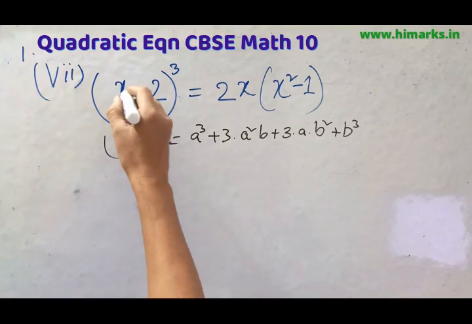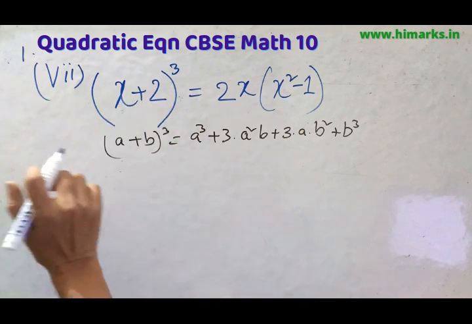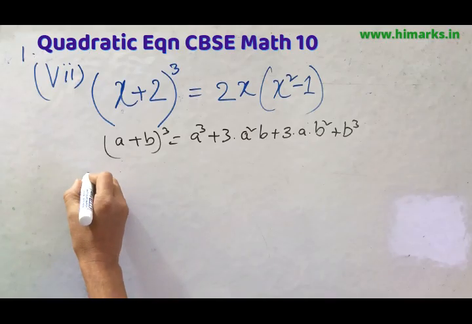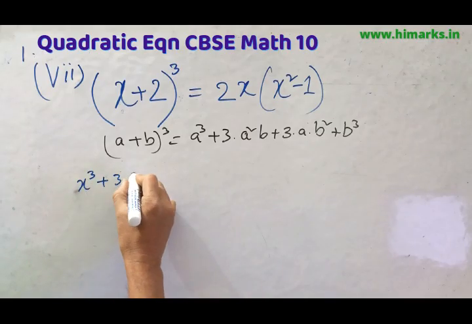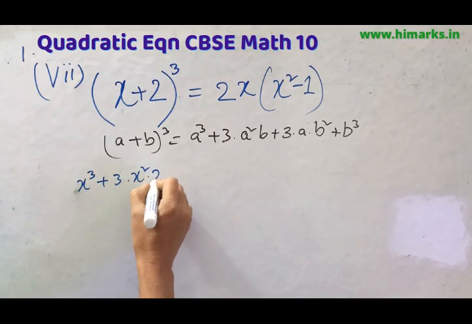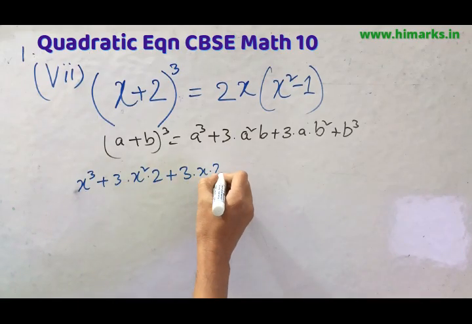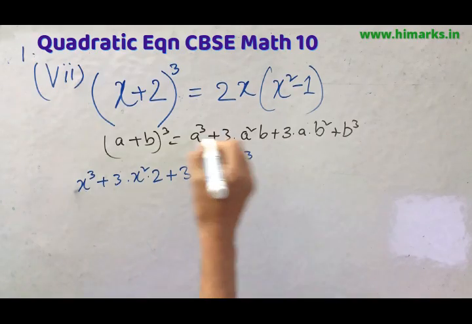Okay, so following this formula, x plus 2 on the left hand side will break into x cube plus 3 x square into 2 plus 3 x into 2 square plus 2 cube.